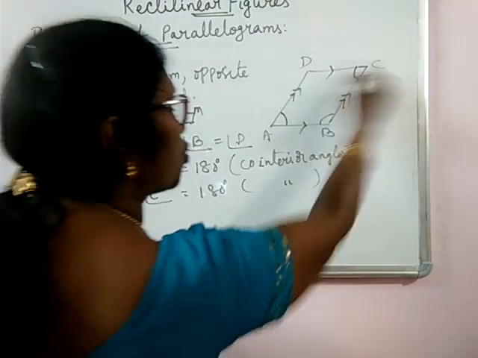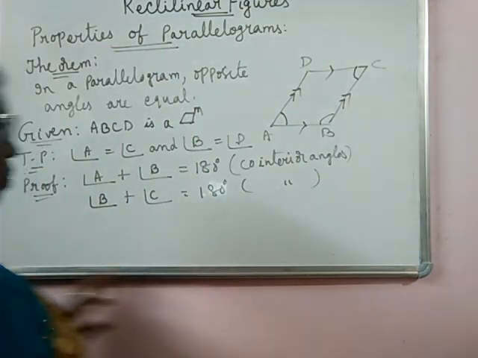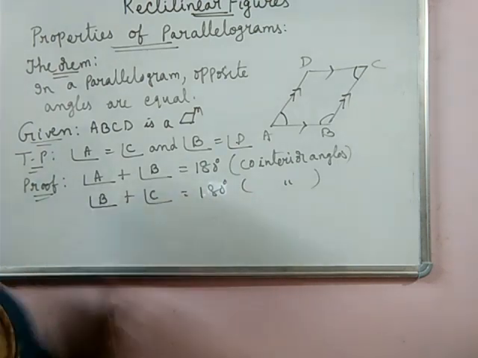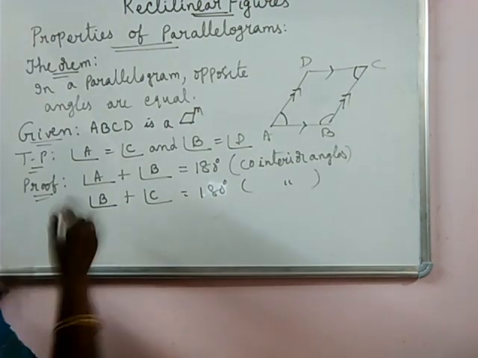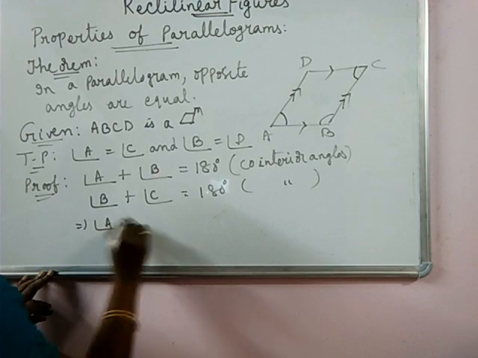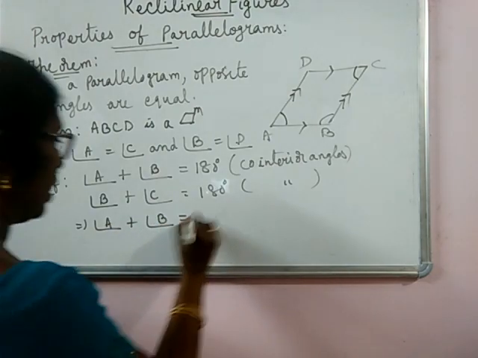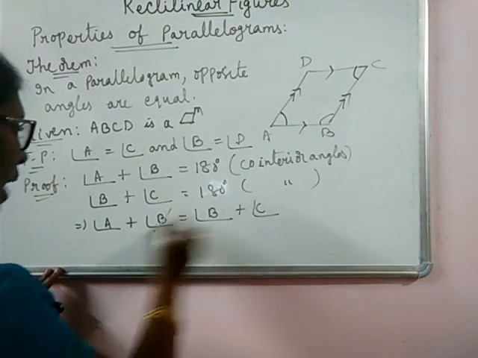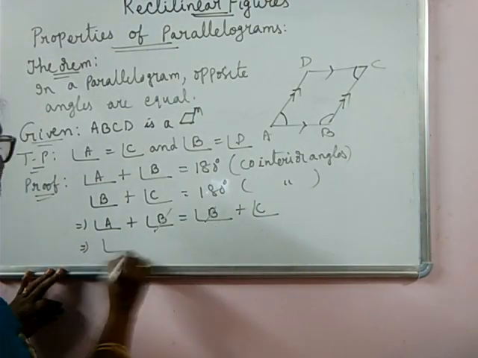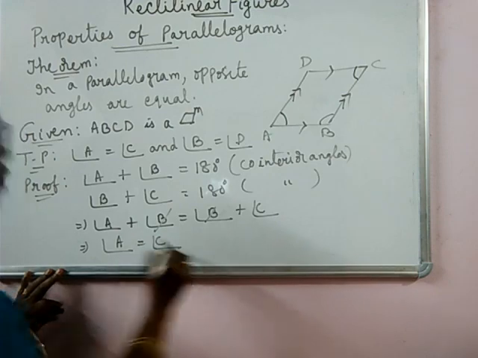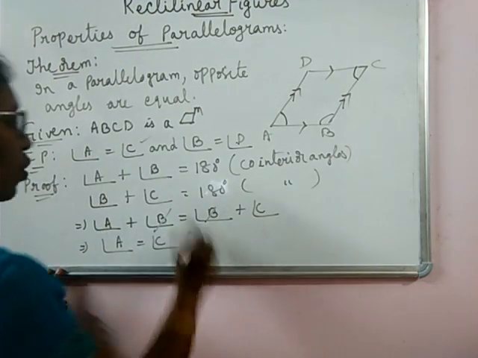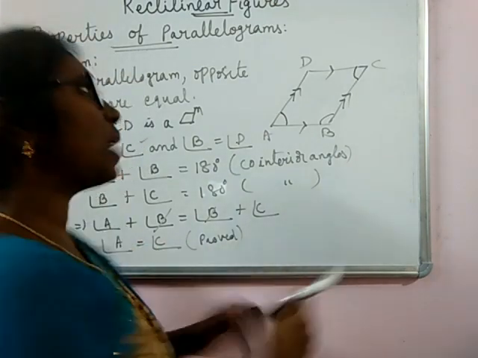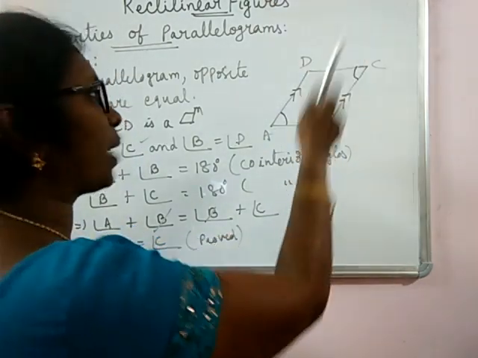Now, angle A plus angle B is 180 degree. Angle B plus angle C is also 180 degree. That means angle A plus angle B is equal to angle B plus angle C. If you cancel angle B on both sides, you will get angle A is equal to angle C. So this one is proved.